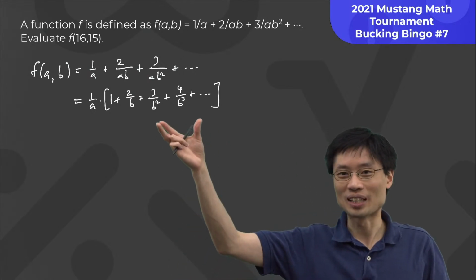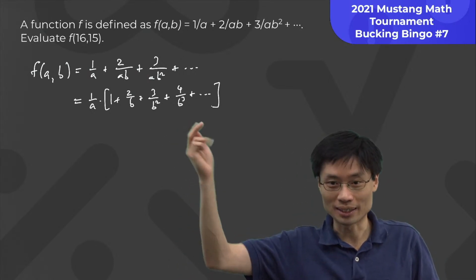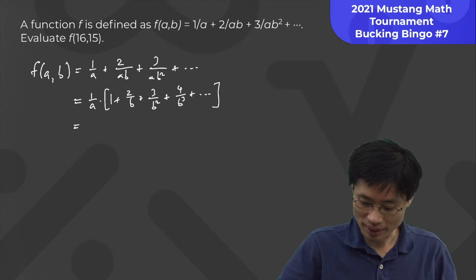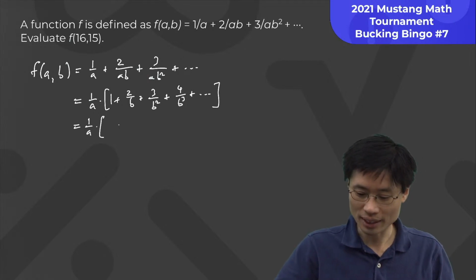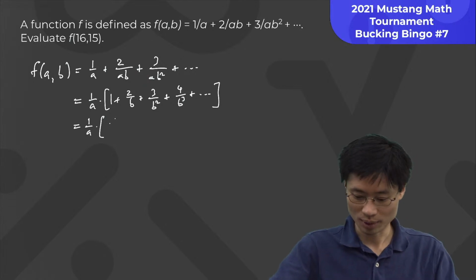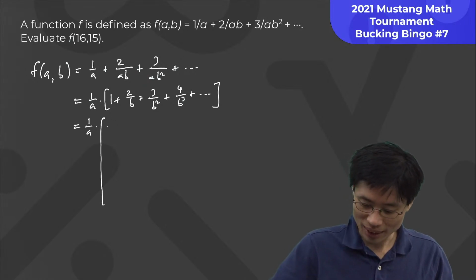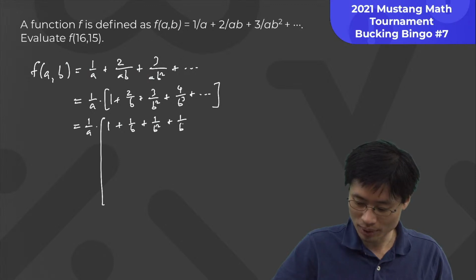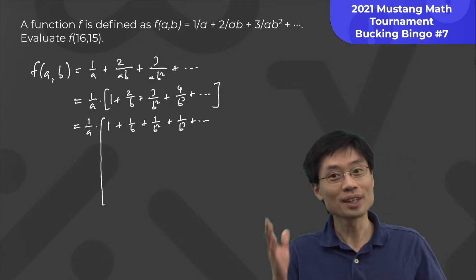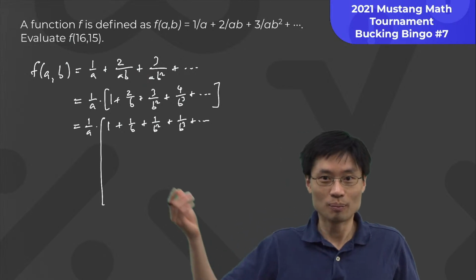Okay? So now there is a way to break this apart. The cleanest way to break this apart is to go 1 over a times, you know, it would be really nice if I had a bigger bracket. A big, huge bracket. I want just, let's go 1 plus 1 over b plus 1 over b squared plus 1 over b cubed and forever. Wouldn't that be great? No, it's wrong because it's 2 over b.